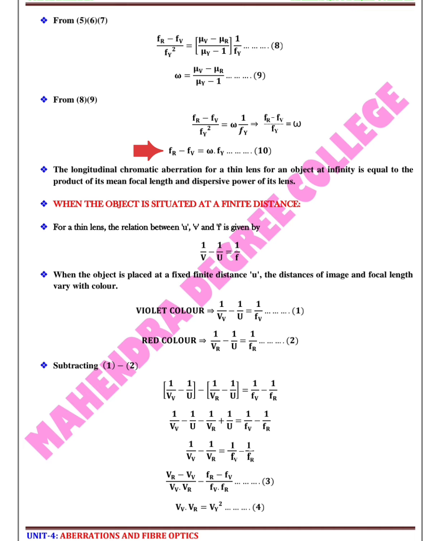This is the equation number 10, where Fr minus Fv represents the distance between the focal points of red and violet rays, Fy represents the focal length for yellow light, that is the mean focal length, and omega represents the dispersive power of the lens material.